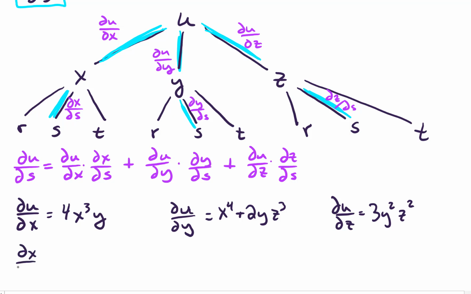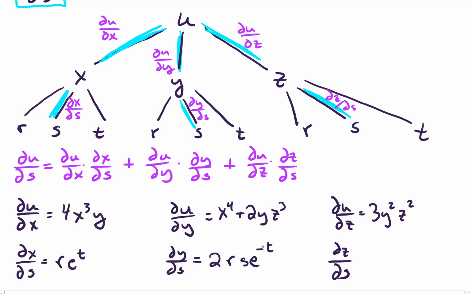Next, we'll need to find dx ds, dy ds, and dz ds. If we go through and do those calculations, we find that dx ds is r e to the t, dy ds is 2rs e to the negative t, and dz ds is r squared sine t.